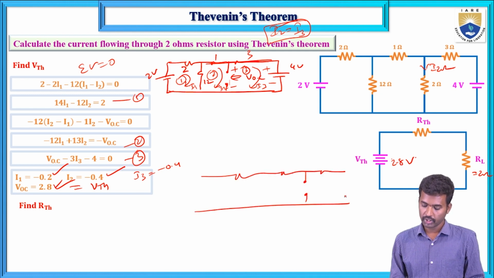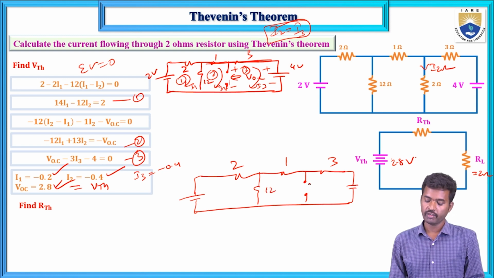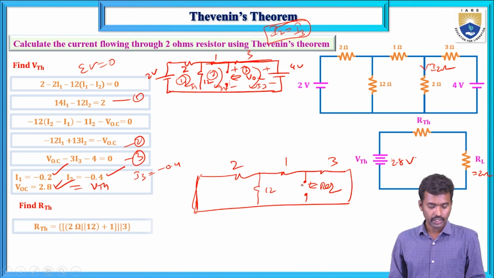Remove the load resistance, replace the voltage sources by short circuits, and calculate the R equivalent.